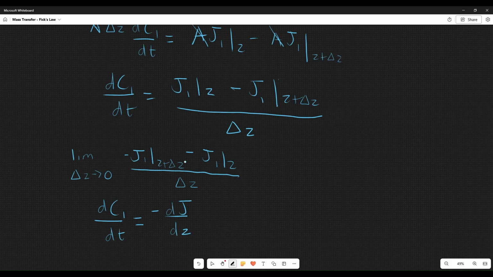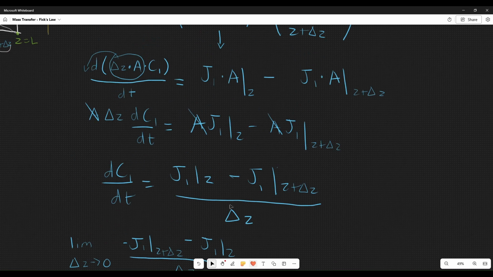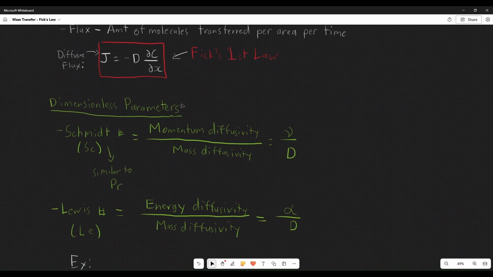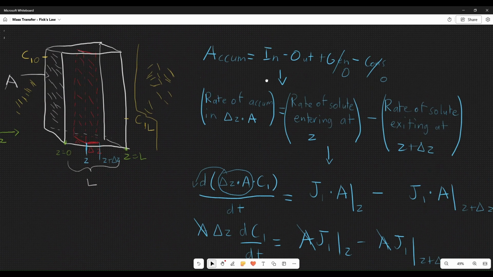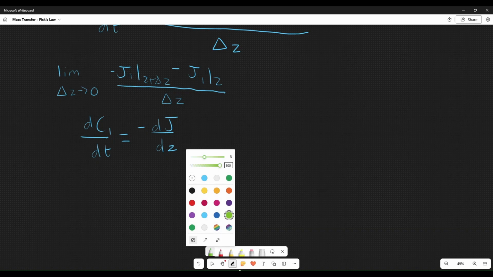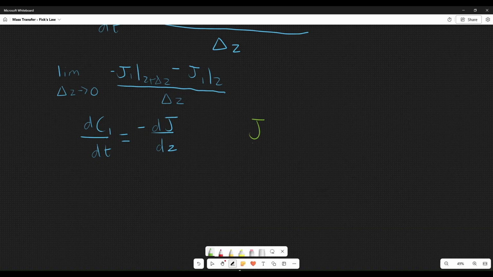All right, perfect. We also know, going back up from Fick's first law, that J equals minus D dC dx, or actually dz in our coordinate system here. So important thing to note, J equals minus D dC1 dz. If I take the derivative of this, remember the diffusion coefficient is just a constant.